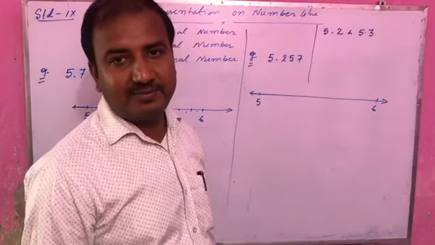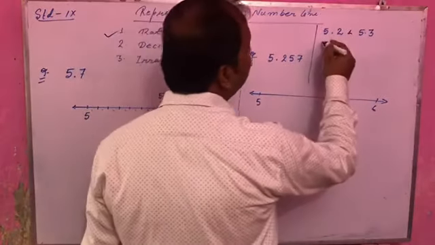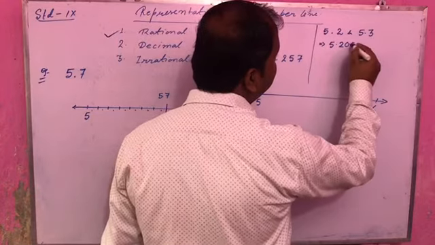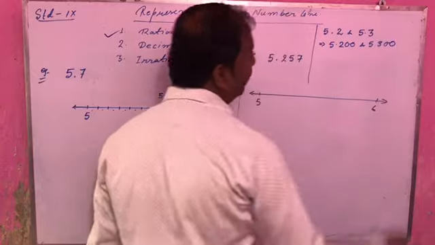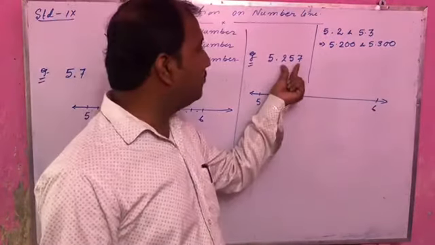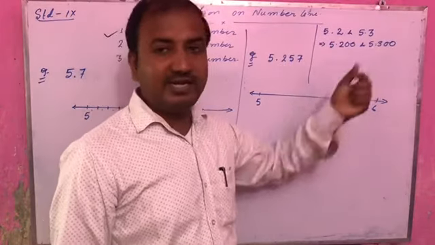सर, आई एम नॉट एग्री विथ यू. जस्ट मेक इट लाइक 5.2 can be written as 5.200 and 5.3 can be written as 5.300. Like decimal बनाए. This is 257 and this is 200 and this is 300.